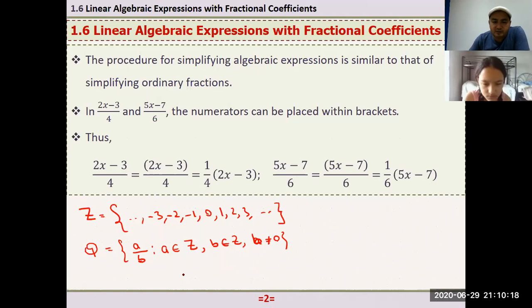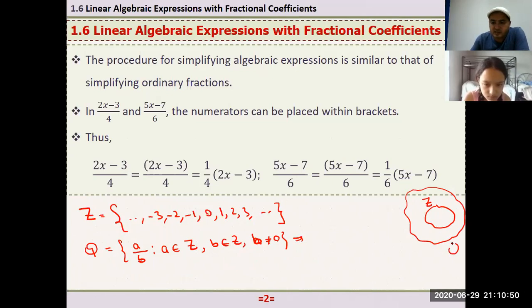Any number which can be written in the form A over B, we call a rational number. Rational number means just a fraction. In set form, if this is the folder that contains all the integers, the rational numbers are bigger than this and also contain all the integers.